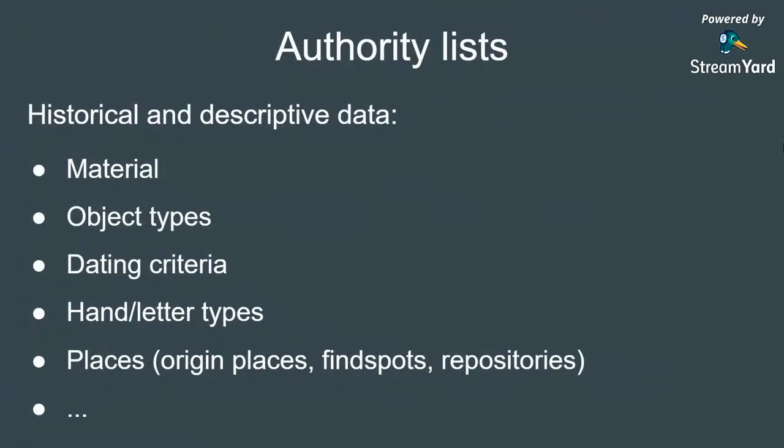Authority lists can be used to index information regarding historical and also descriptive data, such as, for example, material, object type, dating criteria, lettering and or hand types for paleography, and also places, for example, origin places, find spots, repositories, and so on and so forth.